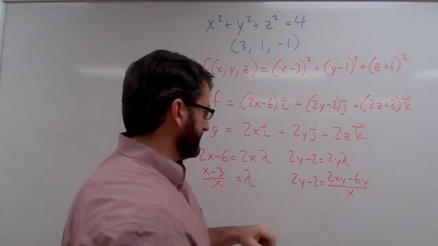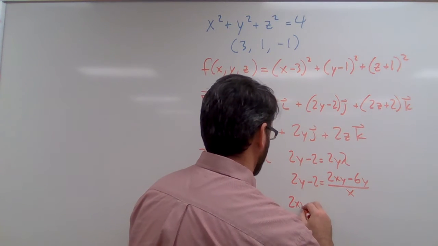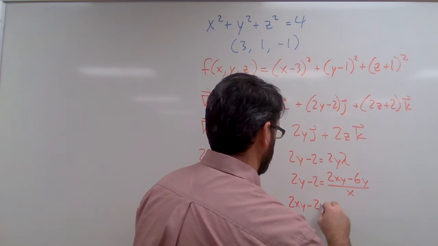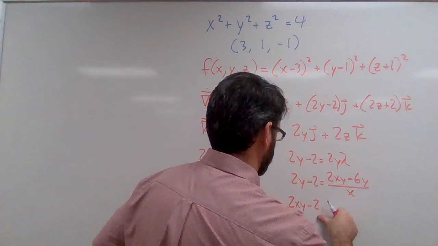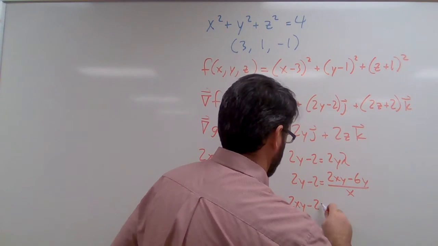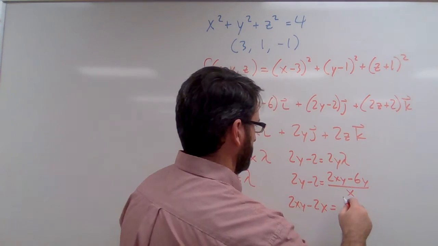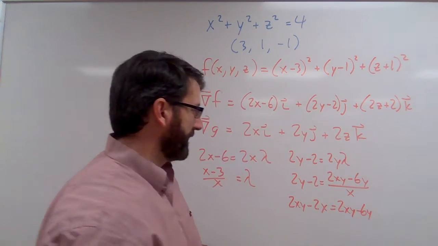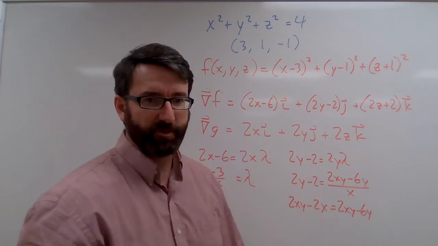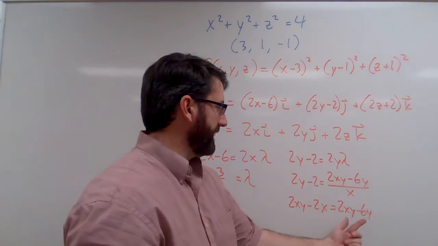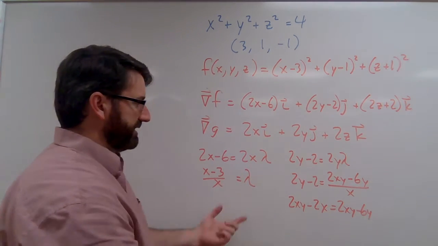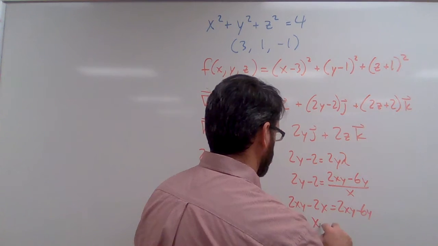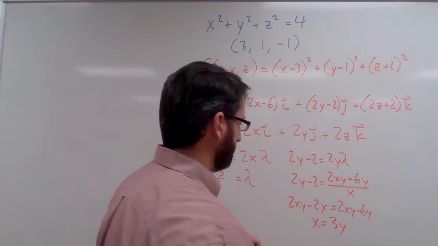And then if we multiply both sides by x, we're going to get 2xy minus 2x is equal to 2xy minus 6y. So if we subtract 2xy from both sides, we get negative 2x is equal to negative 6y. Divided by negative 2, we get that x is equal to 3y.